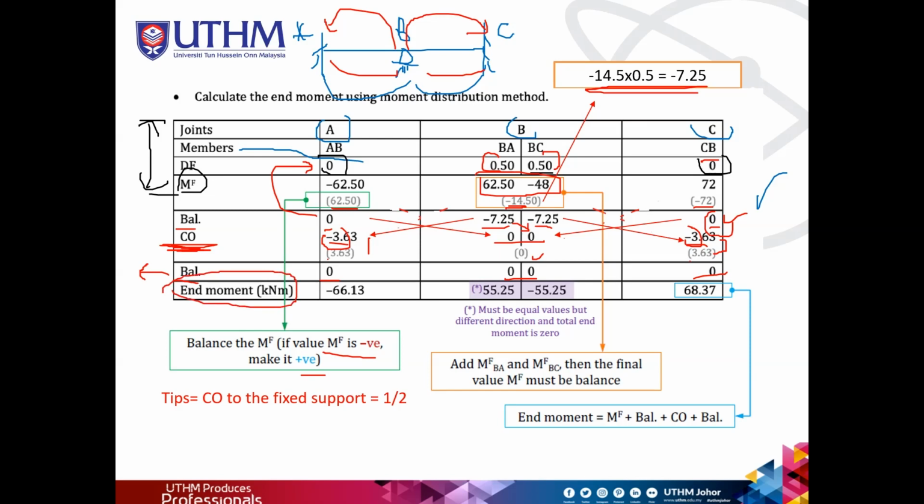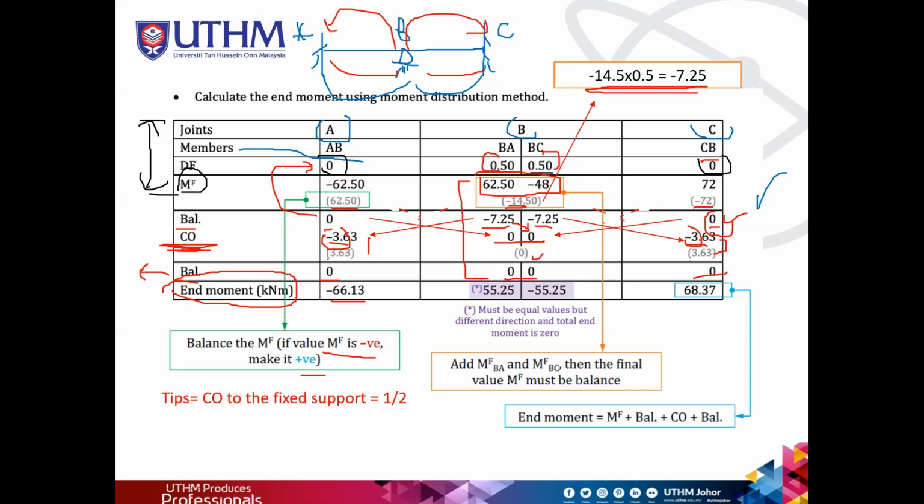So how can we calculate the end moment? If you look at here, from negative 62.5 minus 3.63, we have negative 66. And this one we do the summation for all of this.